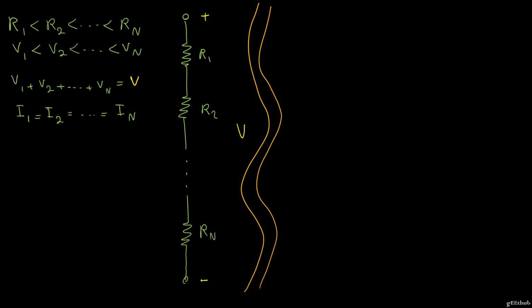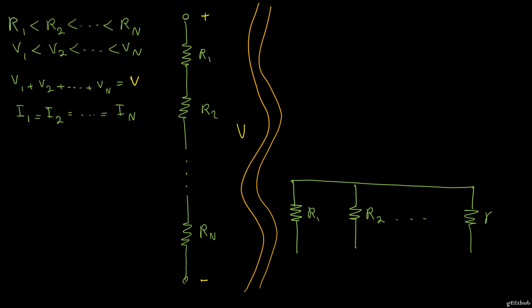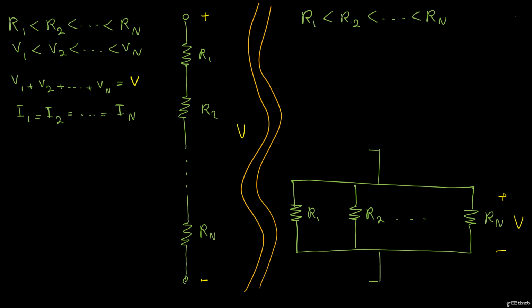Comparing this to parallel circuits, if I have parallel resistors starting from R1, I'm connecting them to a voltage source, and let's say again my resistors are arranged such that R1 is the smallest and Rn is the largest.